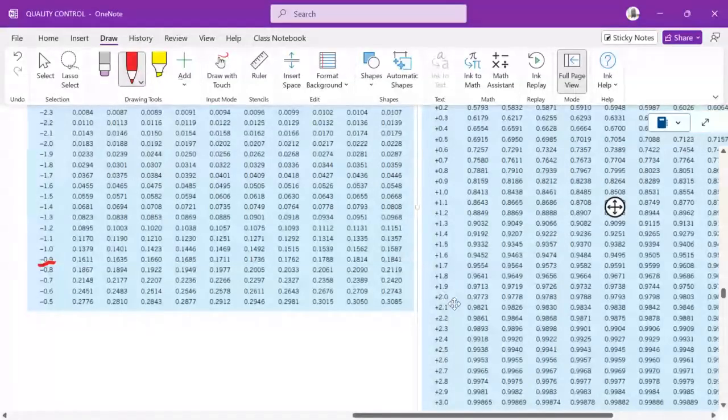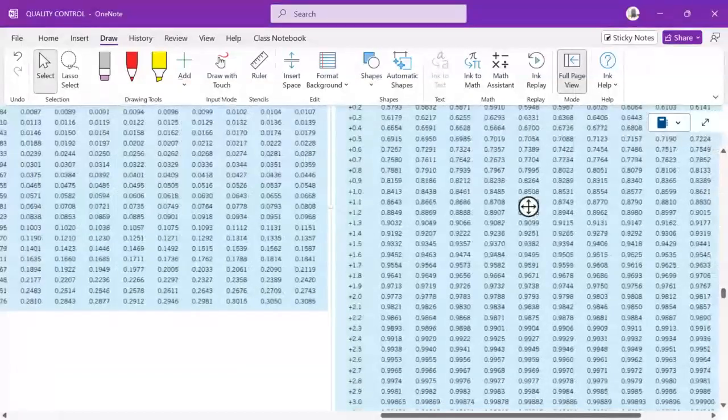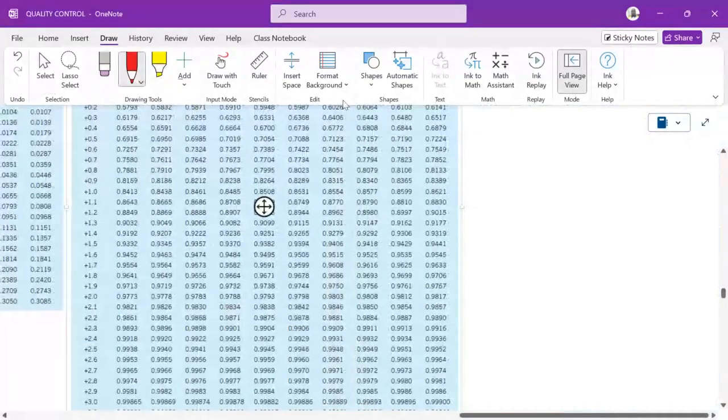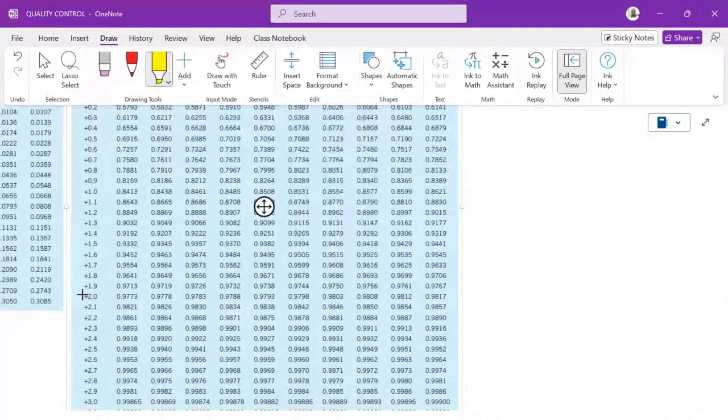I think 8 is going to be there at the end. I'll make a straight line with the highlighter to make my life easy. 2, 0, okay? Then I make my straight line.